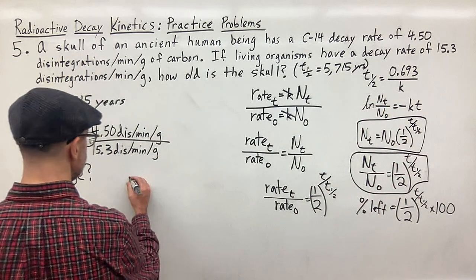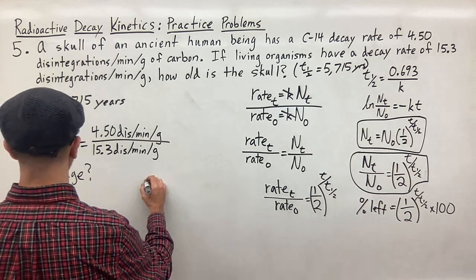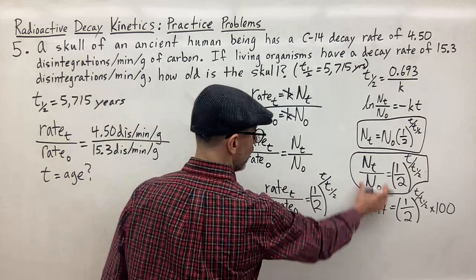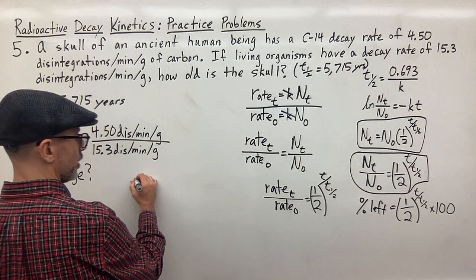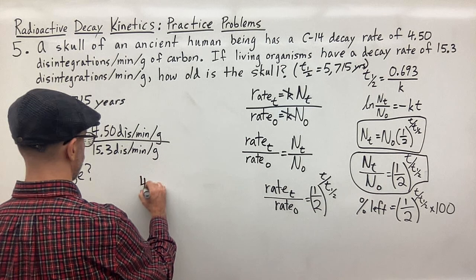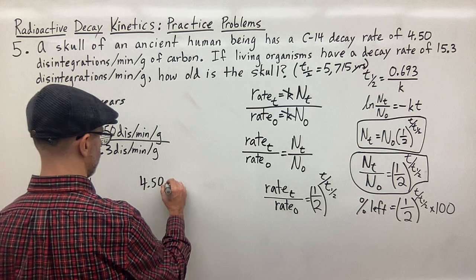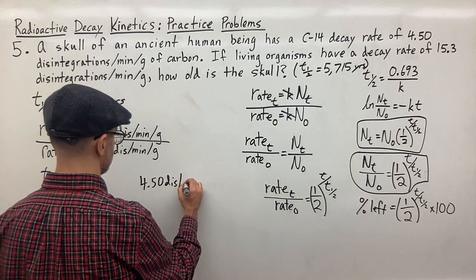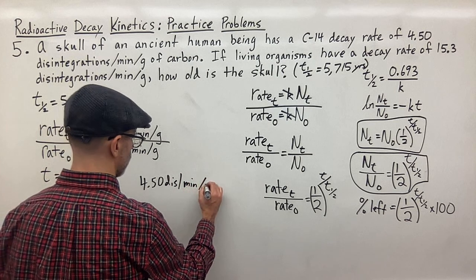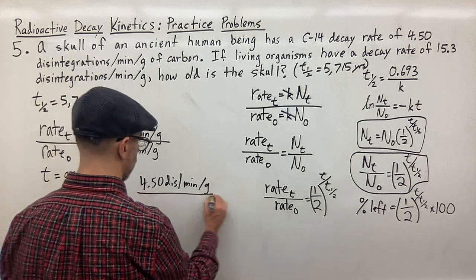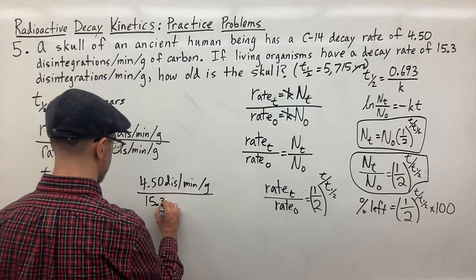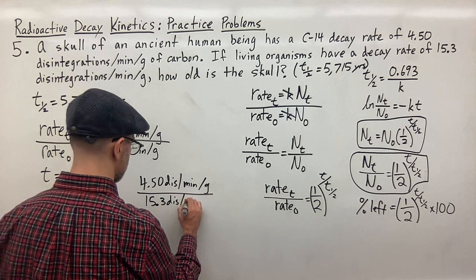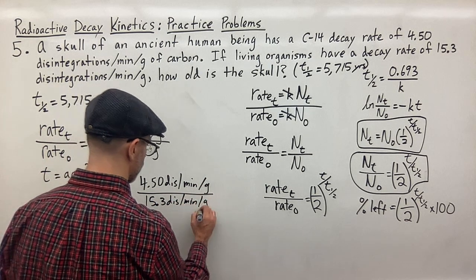So here's our equation, right? So we're going to put the rate in. So that's going to be 4.50 disintegrations per minute per gram over 15.3 disintegrations per minute per gram.